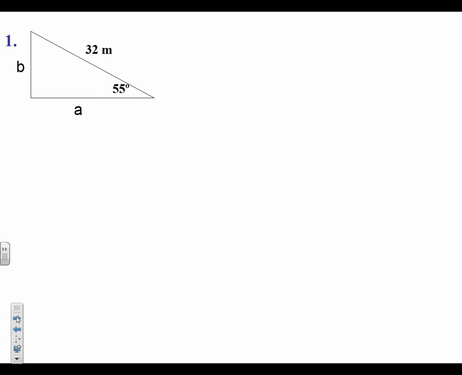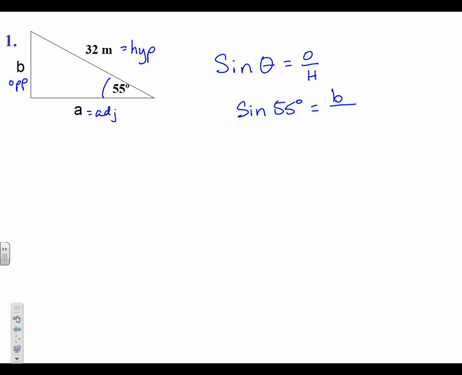So if I have an angle here of 55 degrees, and I have a hypotenuse of 32 meters, then I want to find A and B. One way would be to say that that's my hypotenuse, so A would be my adjacent side, and B would be my opposite side. I could start off with sine, and sine theta equals opposite over hypotenuse. So sine of 55 degrees would equal my B over my 32 meters when I plug everything in.